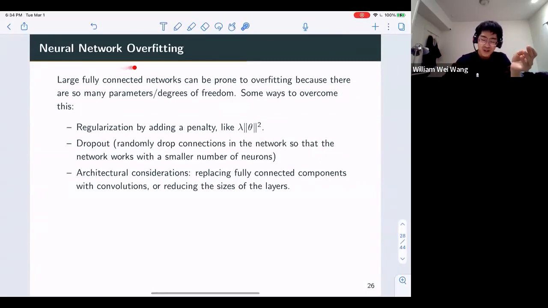Neural networks can also overfit, and you can use similar regularization techniques. You can also use dropout, a technique where you randomly drop edges during network training. You set them to 0, or you say that these edges don't exist during training.